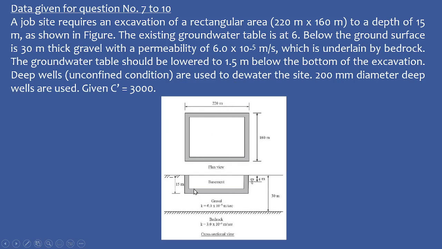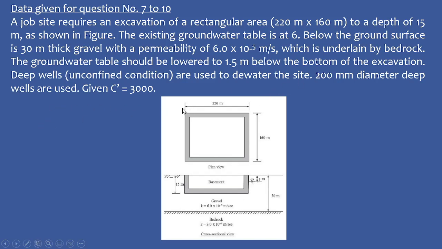This is a plan view, and this is the elevation view. Your water table is currently at a depth of 6 meter, and your basement which you want to design has an embedded depth of 15 meter. You want to lower your water table such that from the basement bottom it should be 1.5 meter below.